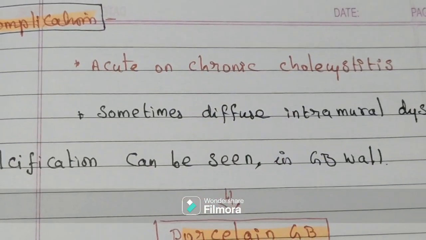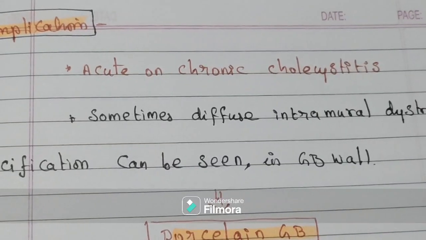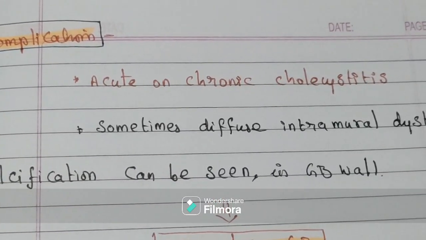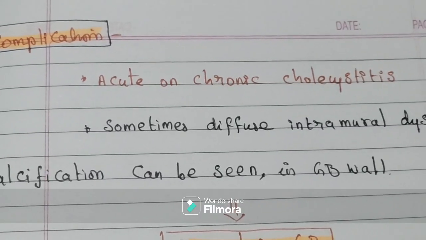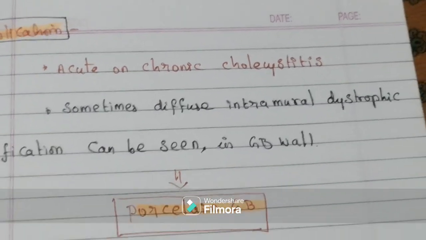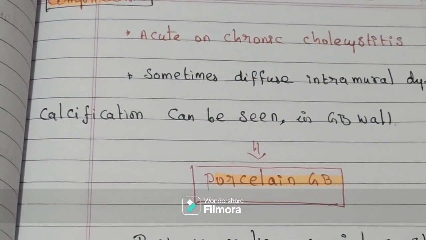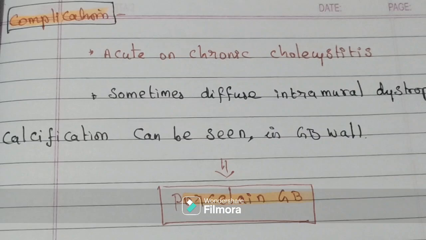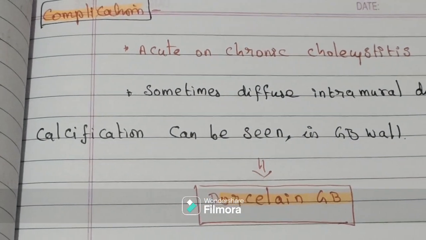Next, complications of chronic cholecystitis. One is acute inflammation can be superadded over chronic inflammation. That is when we call it acute on chronic cholecystitis.